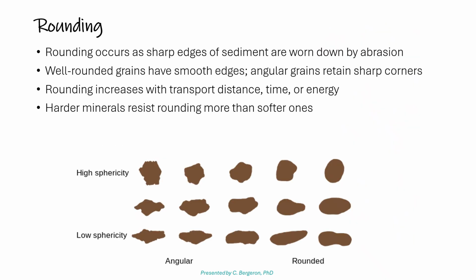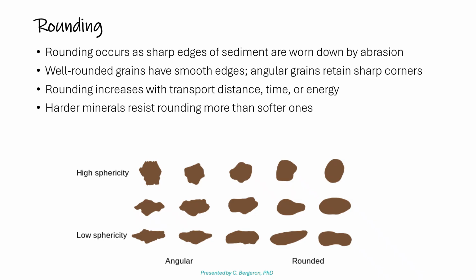Then you have rounding, which is also used to describe the grains themselves. Rounding is created when the angular corners of rock fragments are removed from a piece of sediment due to the abrasion during transportation. So you get increased rounding the further the grain moves away from its source, because it's bumping into a lot of different things, and its sharp edges are becoming duller and duller.